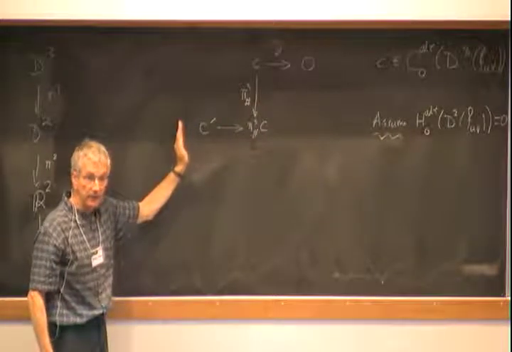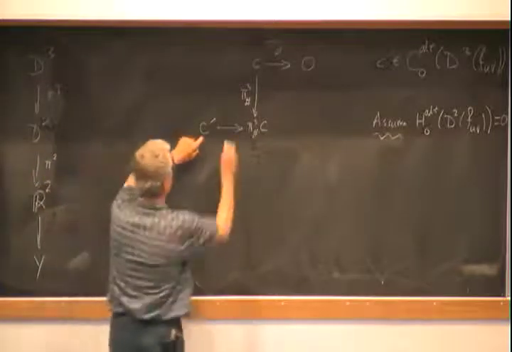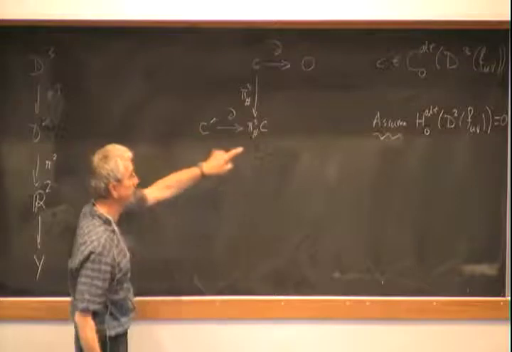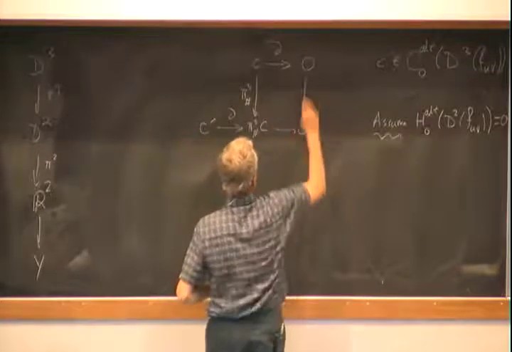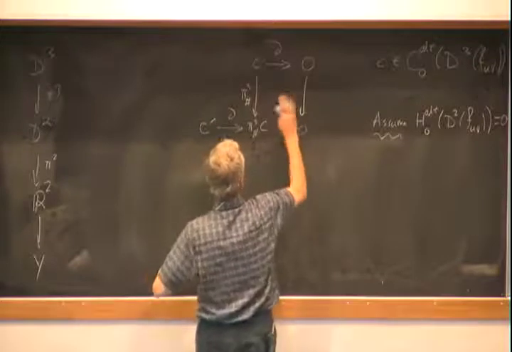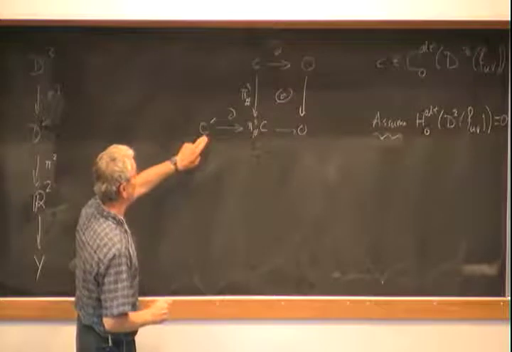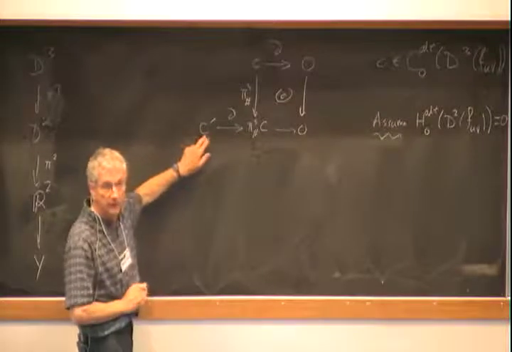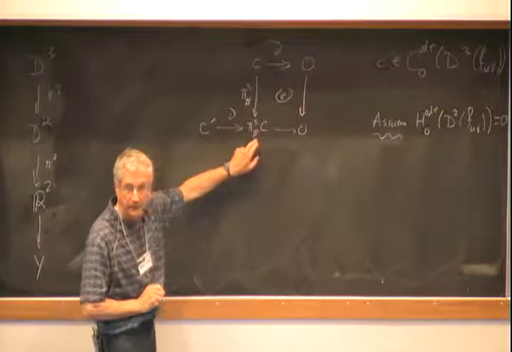This is a one chain, and it's on D2, which maps to here. It must exist because this alternating homology group is 0, because, of course, this goes to 0 by the commutativity of this little diagram. So now we've got an alternating one chain which maps to this alternating 0 chain on D2.